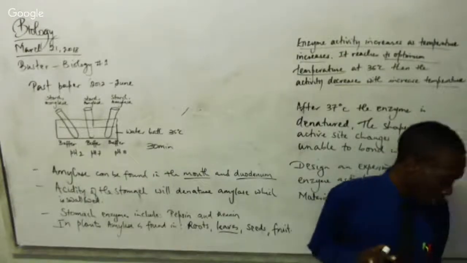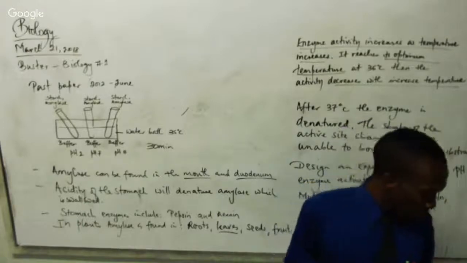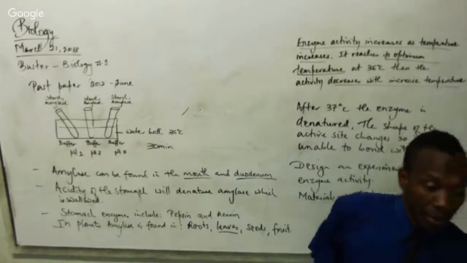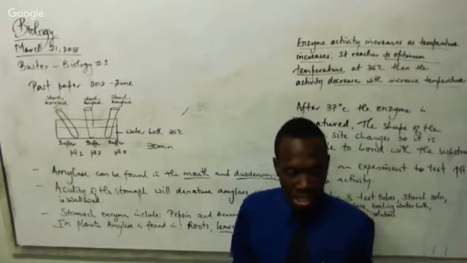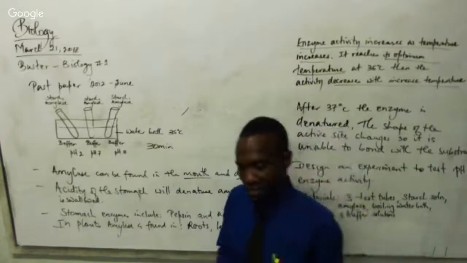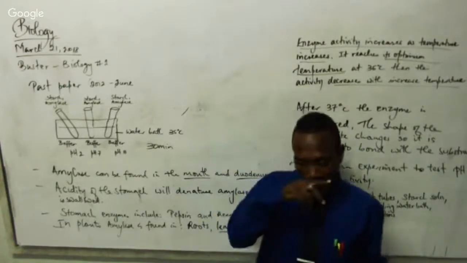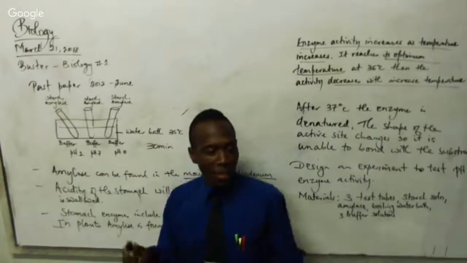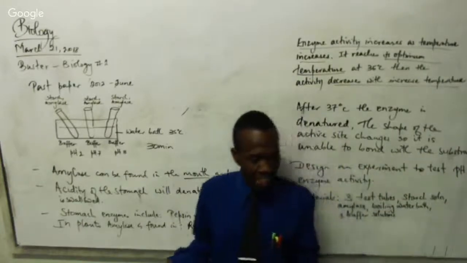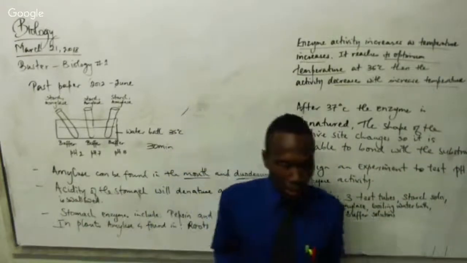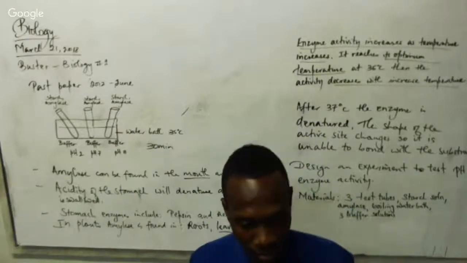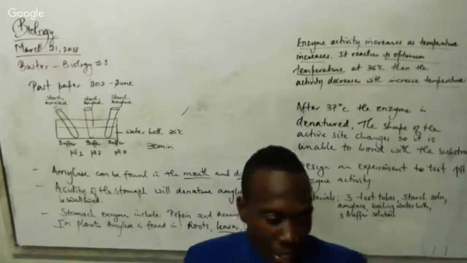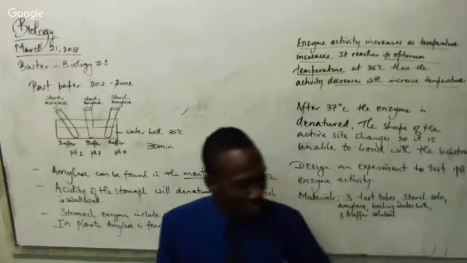Converted to a substance which can be transported to other parts of the plant. What are they asking? Exactly. How is the starch converted to what? Sucrose. To sucrose, the transport sugar.